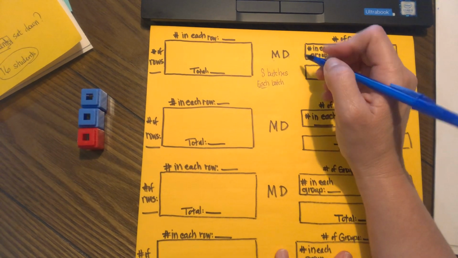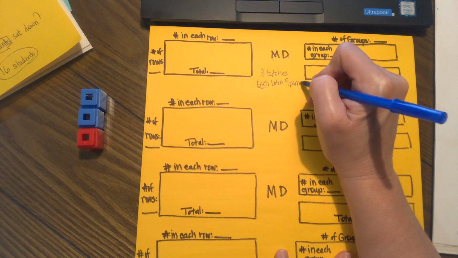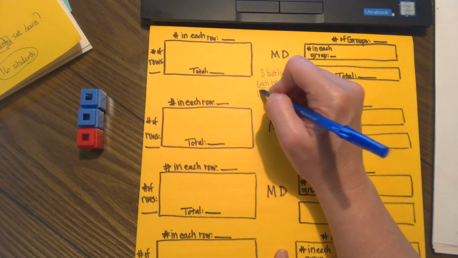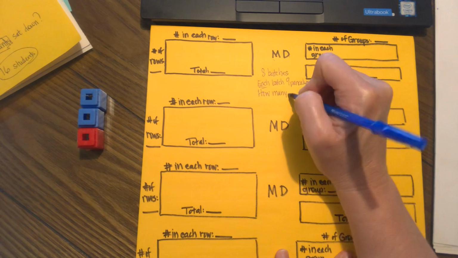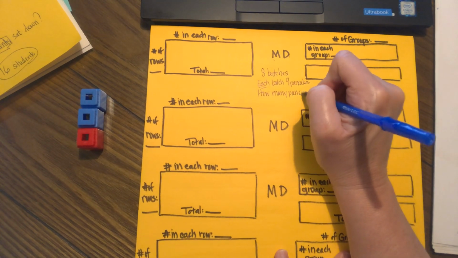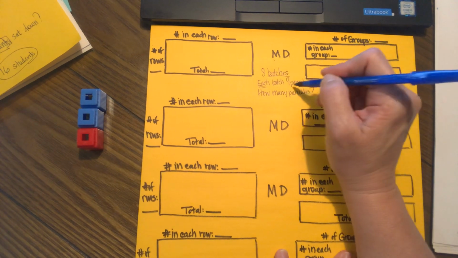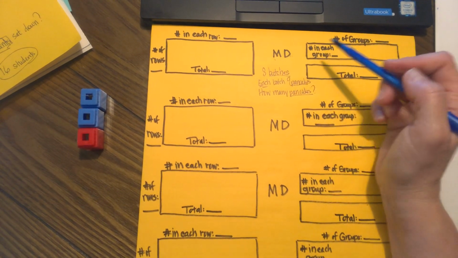Each batch makes 9 pancakes. I want to know how many pancakes will there be? So I've got batches and pancakes, and I'm looking for pancakes. My labels don't match.